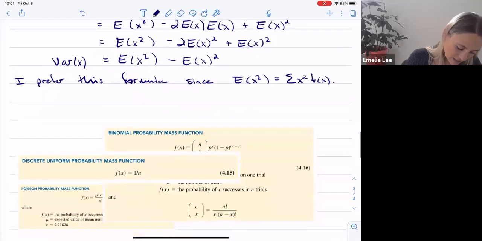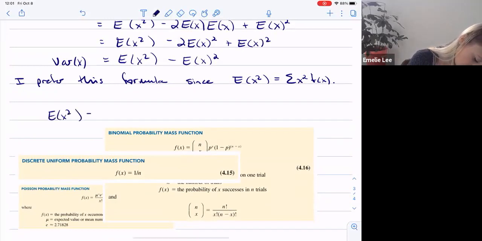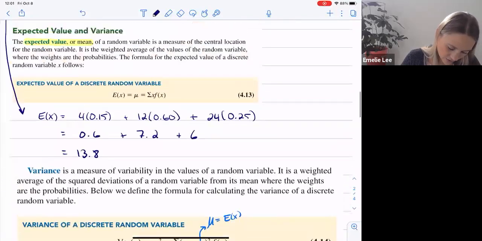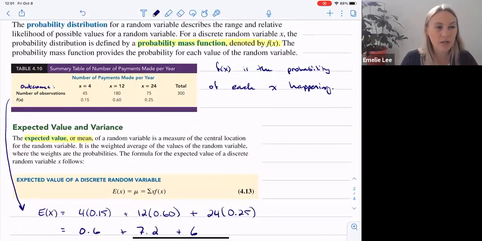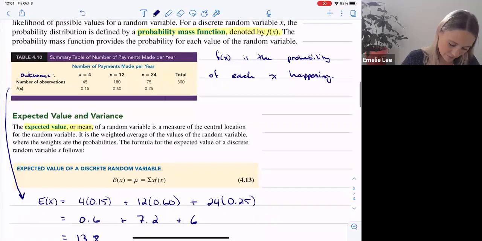So in the previous example, and maybe I'll do them separately, we would find the expected value of x squared is, I think the outcomes were 4, 12, and 24. So 4 squared times 0.15, 12 squared times 0.6, and 24 squared times 0.25.